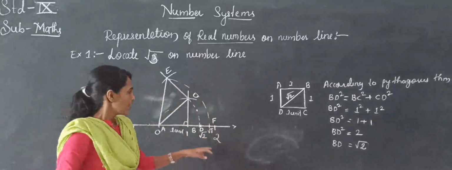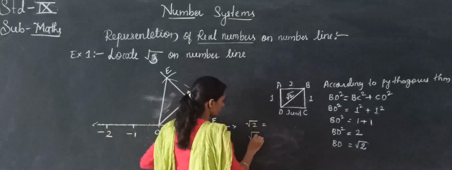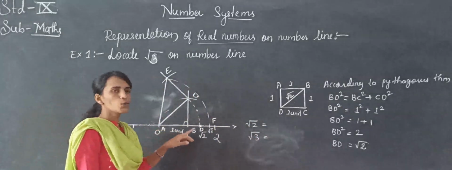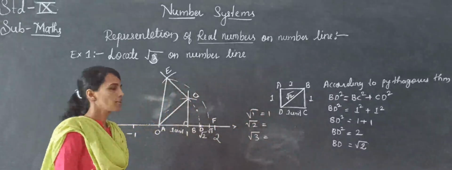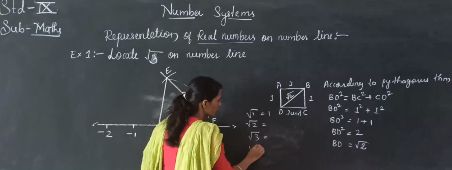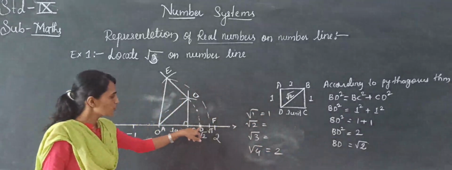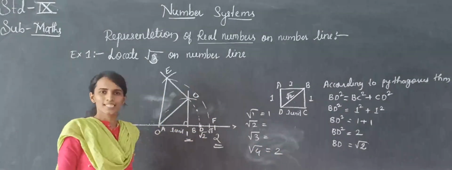So here whether it is correct or not, we have to see. Yes or no? Root 1 value is 1 only, and root 4 value is 2. See here, root 2 and root 3 lie between 1 and 2. Yes or no?